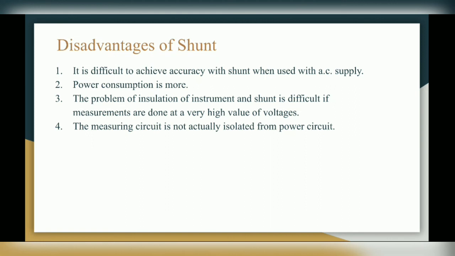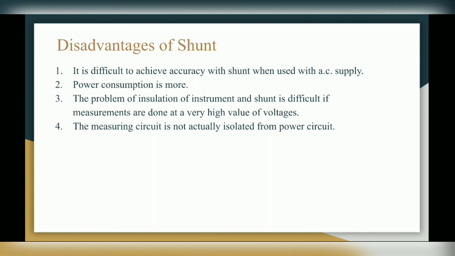Next, disadvantages of shunt. First one is it is difficult to achieve accuracy with a shunt when used with AC supply. Second, power consumption is more. Third, the problem of insulation of instrument and shunt is difficult if measurements are done at a very high value of voltages.